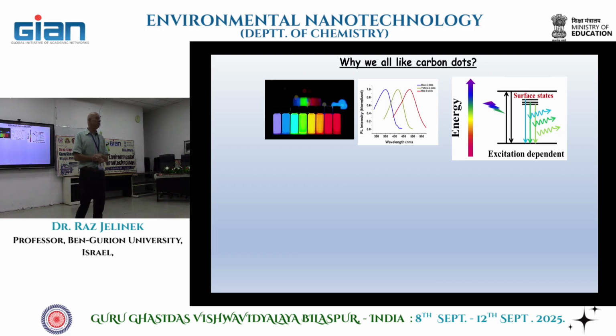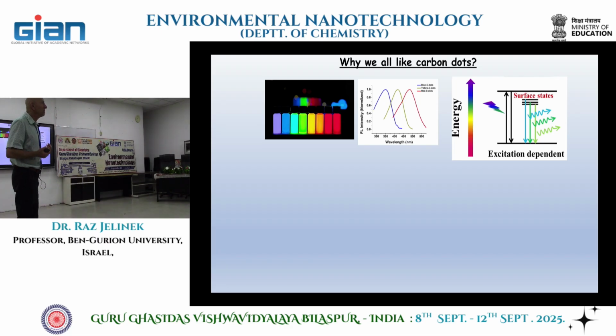So here we go back to the carbon dots. Remember our carbon dots, which we talked about several times the last couple of days? Just reminding you why we like carbon dots. We like carbon dots because of the colors. And we have colors because of the surface of the carbon dots.